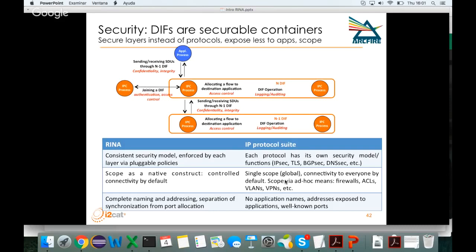So again, it's a wrong assumption and expensive as well, because you need different kinds of means to be able to restrict the scope, whereas in RINA it is already built in. And also the naming and addressing are aspects of the architecture that make it more secure, but we'll not go through it right now. We have papers published on that, so if you're interested in that aspect, I can provide more information as well.